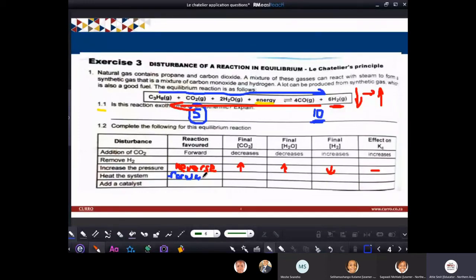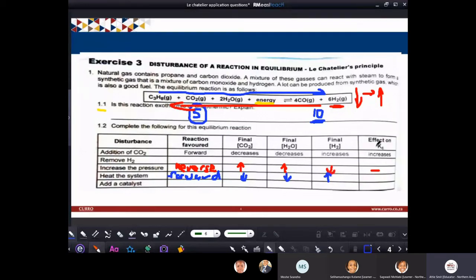What does it mean to us, guys? If the forward reaction is favored, then the final concentration of CO2 will decrease. The final concentration of H2O will decrease. The final concentration of H2 must increase.